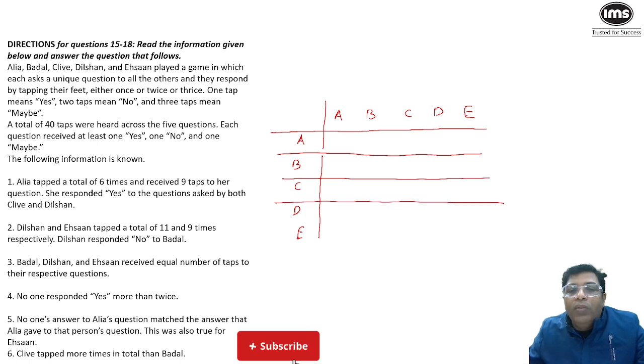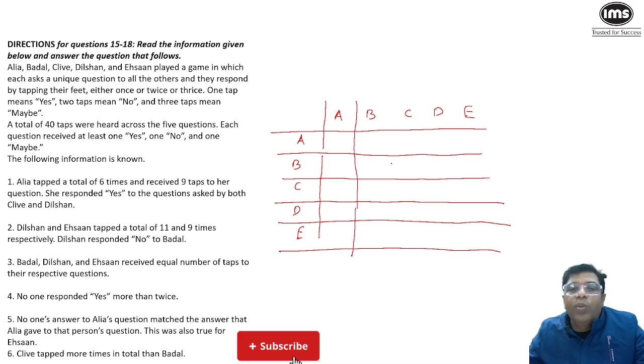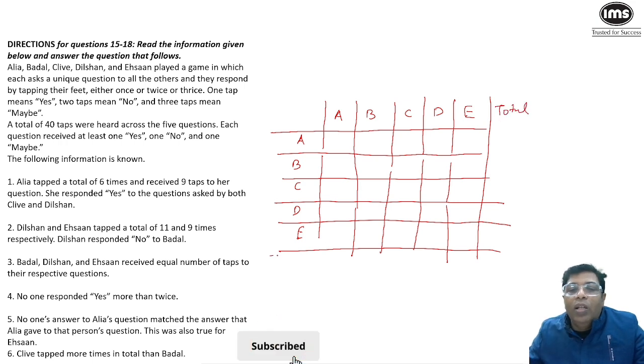It's very important to represent the data in a meaningful form because that will help us solve the question effectively and efficiently. This table will help us put all the information in one place. At the end, I'll write total here and total here.